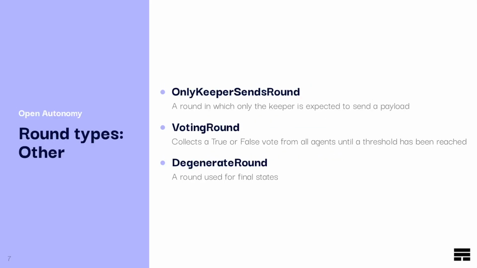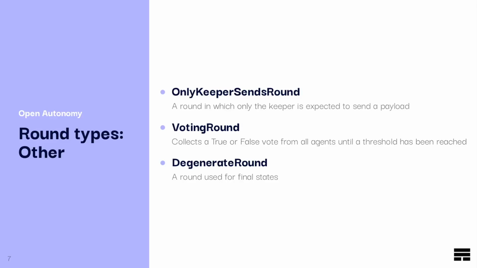Finally, we have these three rounds which are used for specific situations. The only keeper sends round is a round in which only the keeper is expected to send a payload, because it's only expected that one of the agents is in charge of executing some sort of action.